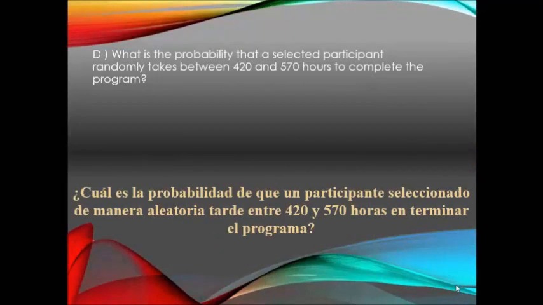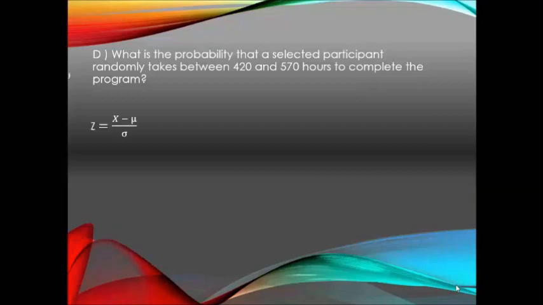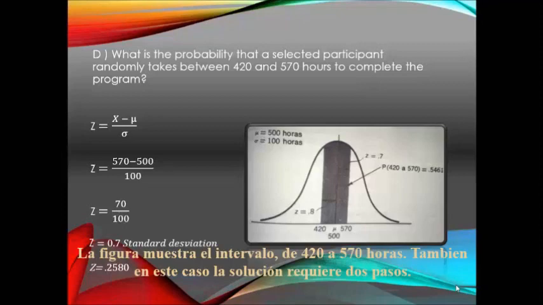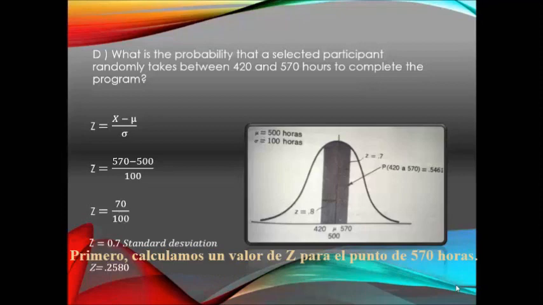Letter D. What is the probability that a randomly selected participant takes between 420 and 570 hours to complete the program? The figure shows the range of 420 to 570 hours. Also, in this case, the solution requires two steps. First, we calculate the Z value for the point of 570 hours.